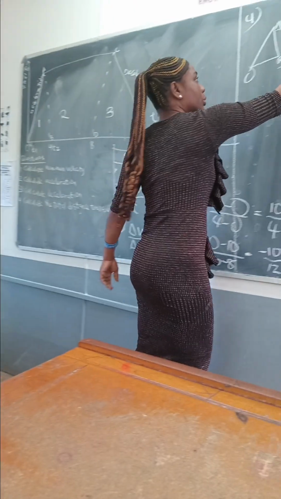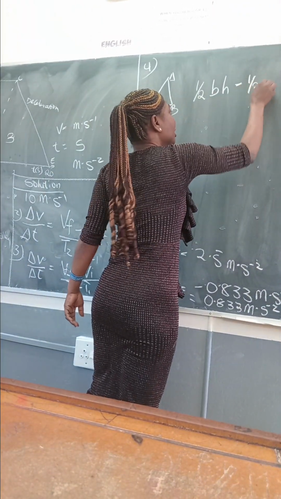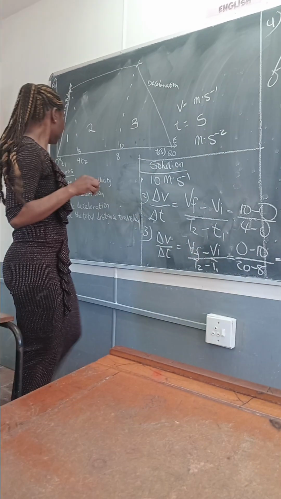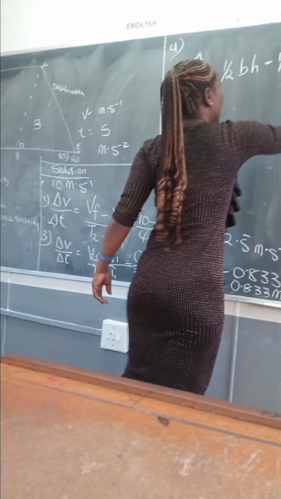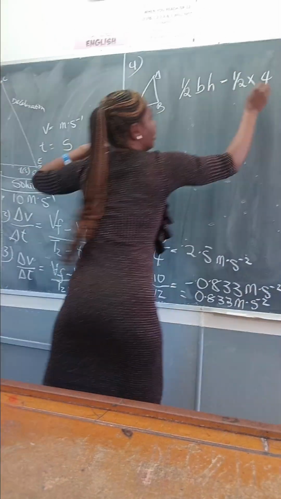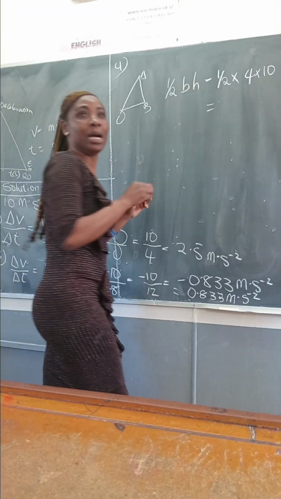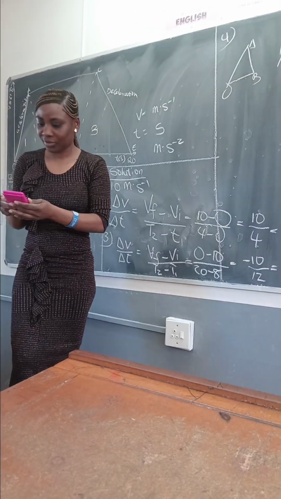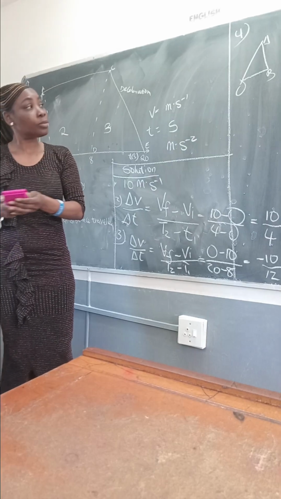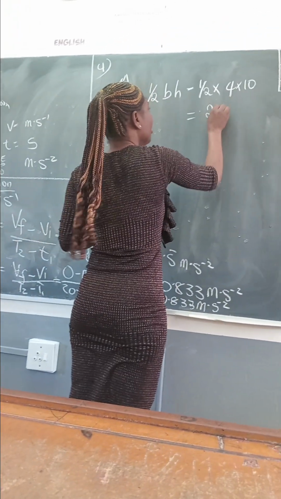So we are going to say half times our base, which is 4, times our height, which is 10. If you punch your calculator, we are going to have 20 meters, because distance is measured in meters.